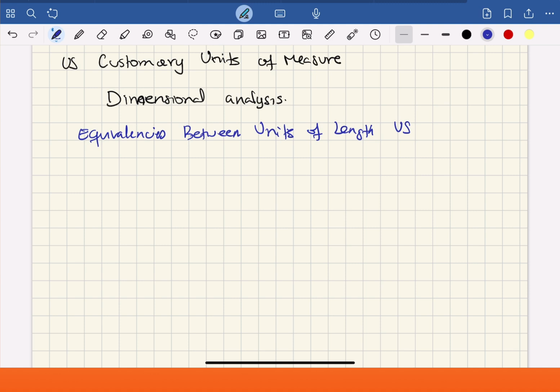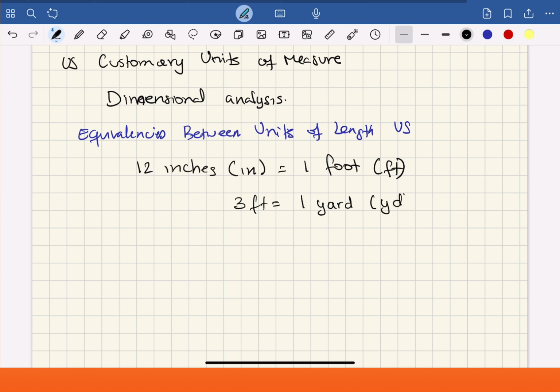Some of the things that you will have to memorize: 12 inches, which we spell out, but the abbreviation is IN, equals 1 foot. The abbreviation for foot or feet is FT. And 3 feet is equal to 1 yard. The abbreviation for yard is YD.